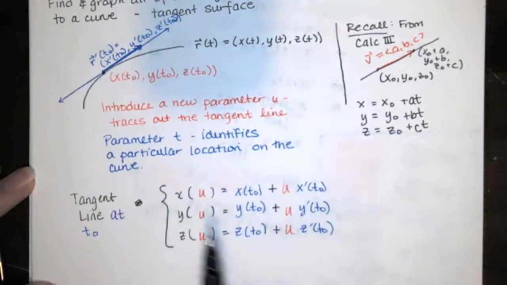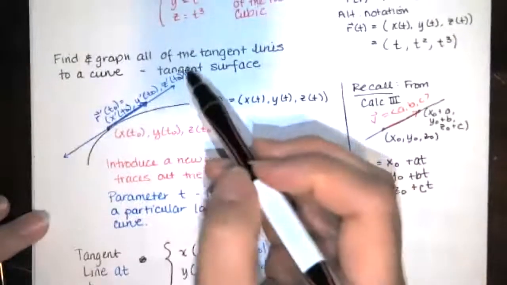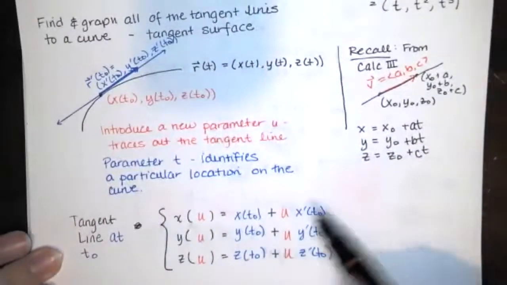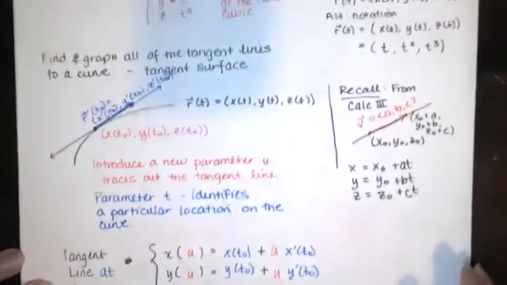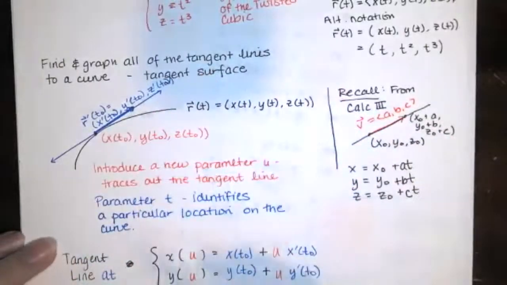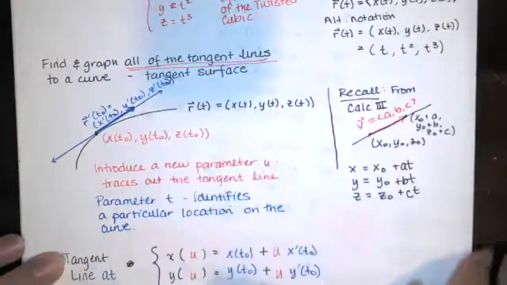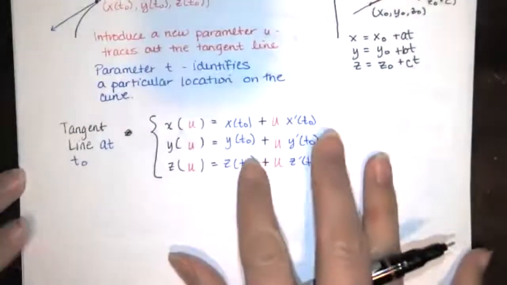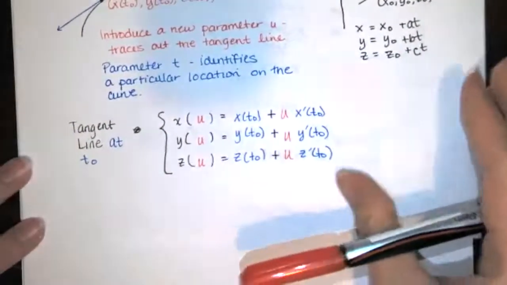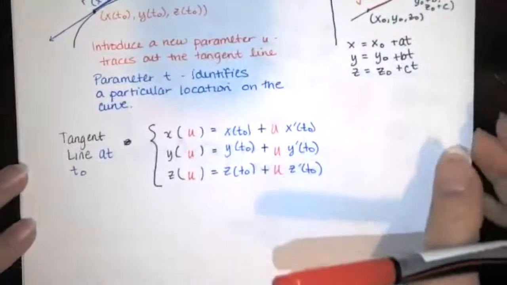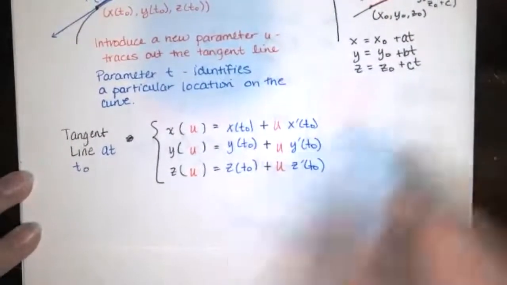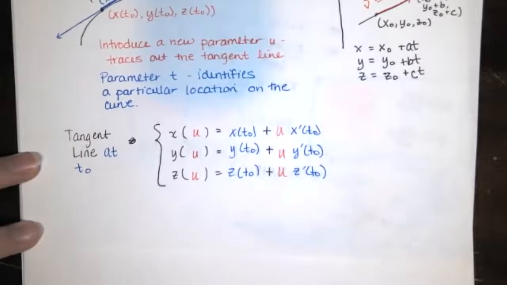But here's the key with the tangent surface. We don't want just a particular tangent line. This is a particular tangent line at t equals t naught. We want all of the tangent lines. So we don't want to fix t naught. We want t naught to take on any value t in the domain of the original vector valued function r of t.